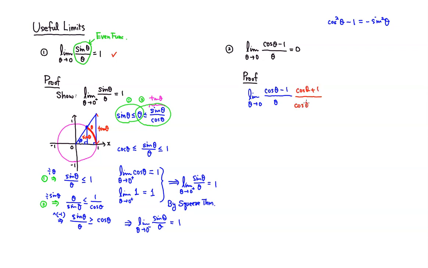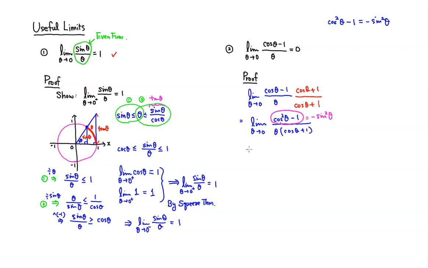If you do that, this becomes the limit as theta goes to 0. On top, you have cosine squared of theta minus 1. On the bottom, there's not much you can do: theta times cosine of theta plus 1. But on top, this is exactly the same thing as negative sine squared of theta.